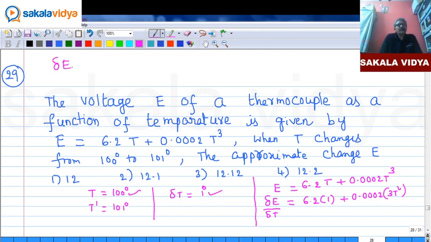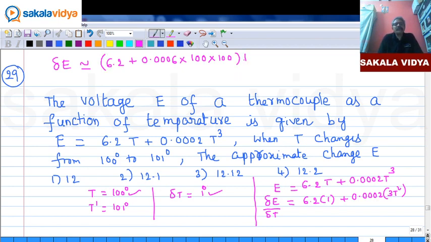Delta E is approximately equal to 6.2 into 1, 6.2 plus 0.0006 into T square, 100 into 100, into delta T equal to 1 degree.